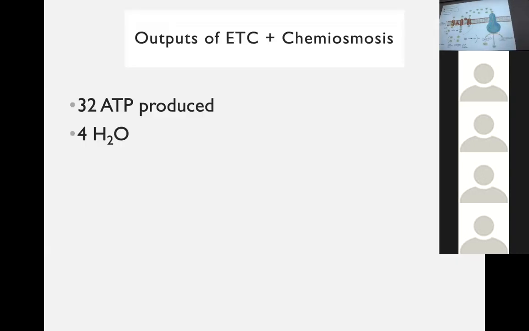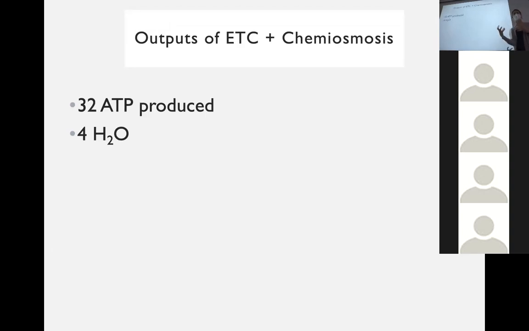All right, so let's summarize what we made. So for our purposes, we're saying 32 ATP are produced by oxidative phosphorylation, so ETC plus chemiosmosis. We make 32 ATP and 4 waters. The waters are the result of oxygen being that final electron acceptor.